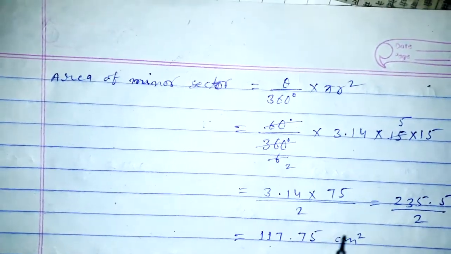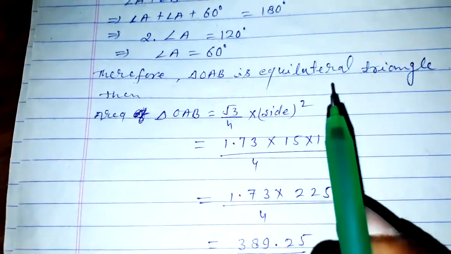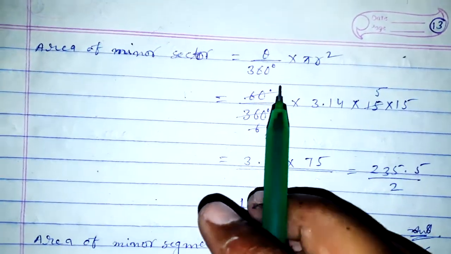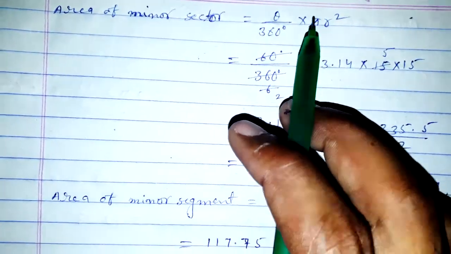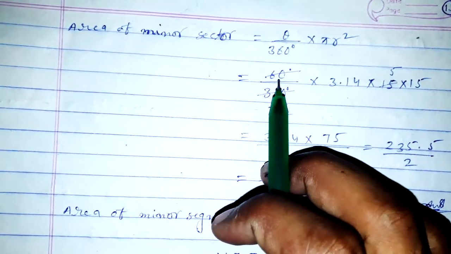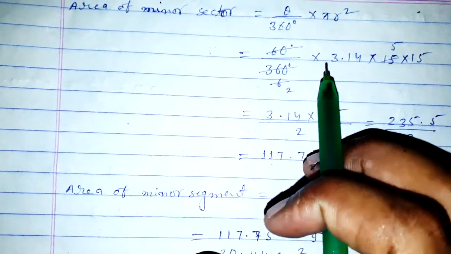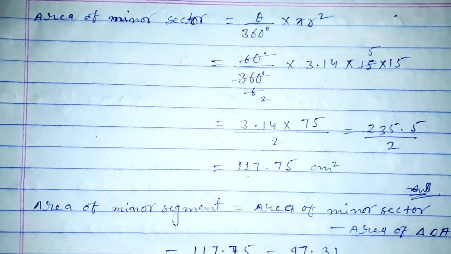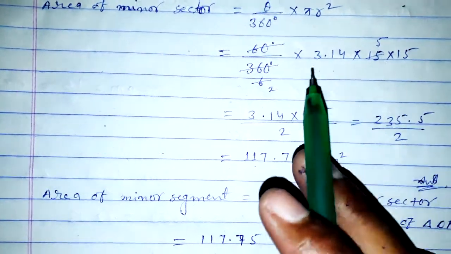So here find the value of area of triangle, but again find the area of minor sector. So area of minor sector is theta upon 360 degree into pi r square. Theta is 60 degree upon 360 degree into pi, value of pi is 3.14 and radius is 15, so 15 into 15.